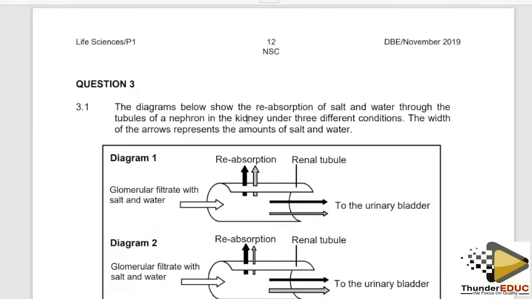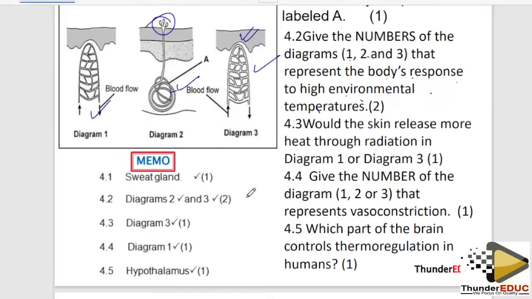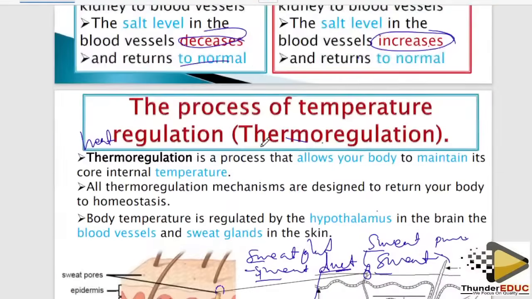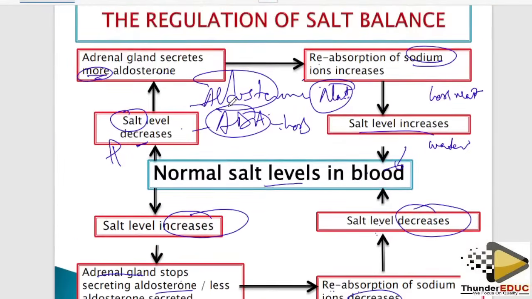The diagram below shows reabsorption of salts and water through tubules of nephron in the kidney. When they talk about reabsorption of salts, what happens in your mind? Aldosterone. This question resembles what I talked about. I told you that aldosterone, the salts and the water, work together antagonistically.